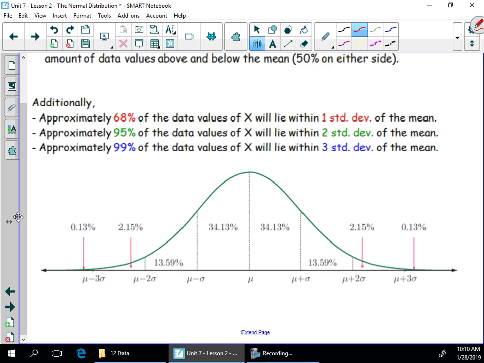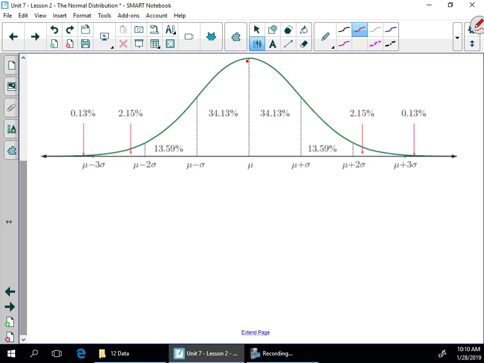It turns out that 68% of your data is always within 1 standard deviation of your mean. So if I were to look at my graph, and I've expanded it here, my mean's right down the middle. If I go 1 standard deviation above it and 1 standard deviation below, and I get this range right here, it's approximately 68% of my data. Not exactly 68, I could have a little bit more decimals there, 68.26, but we'll call it 68.